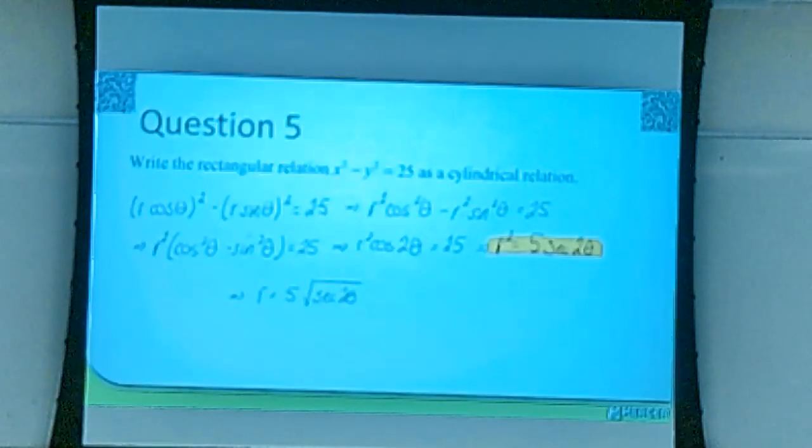Even though before that, by the way, that actually should have been 25. I don't know why it was written 5.